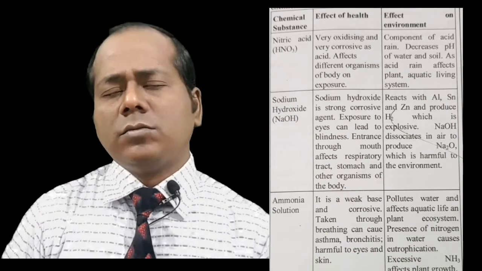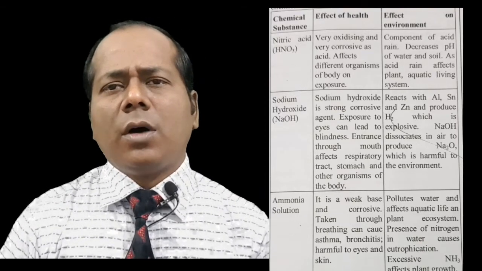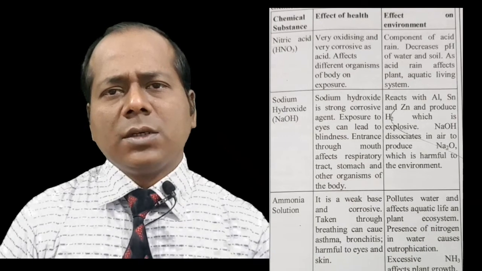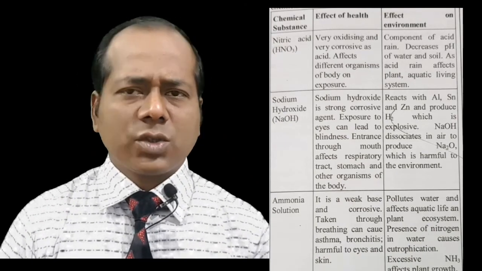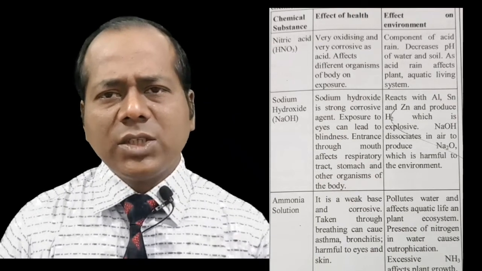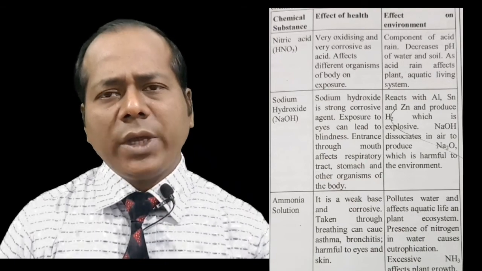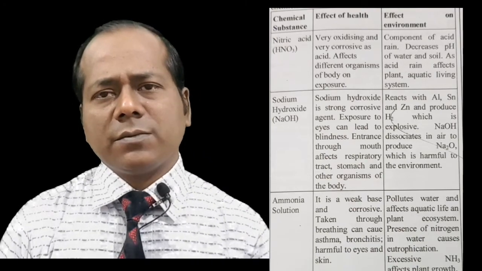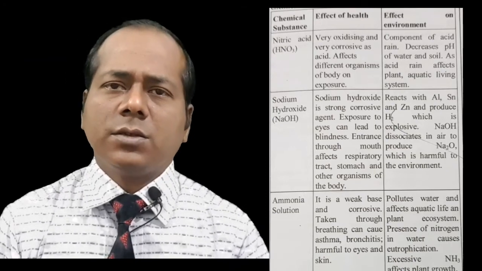Effect on environment. It is a component of acid rain, which decreases the pH of water and soil, as acid rain affects plants and aquatic living systems.